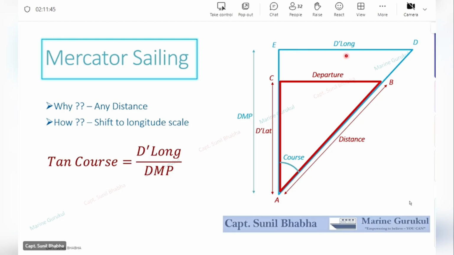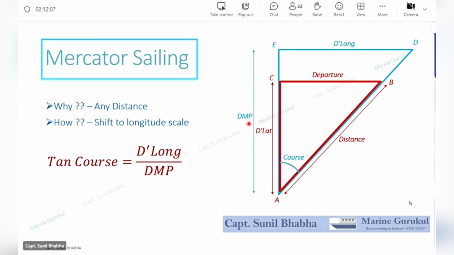D long can be easily obtained from the chart itself. In fact, we have our initial position and final position given to us. We can obtain the d long between the two positions. The DMP is obtained from the meridional parts table in the Norie's nautical tables.